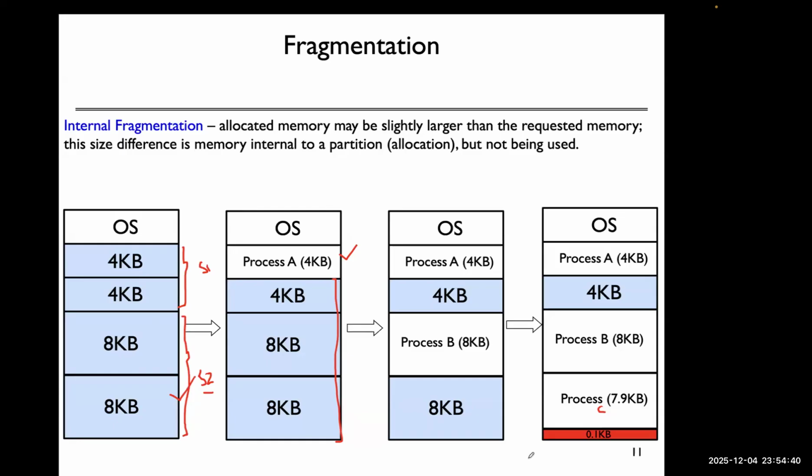So here, when we get the request of 7.9 kilobyte, we allocate this whole chunk of 8 kilobyte. Now 0.1 kilobyte is effectively wasted because the request size was 7.9 kilobyte. Since the memory that is wasted is within the chunk boundary, it is internal to the chunk. That's why it is known as internal fragmentation.